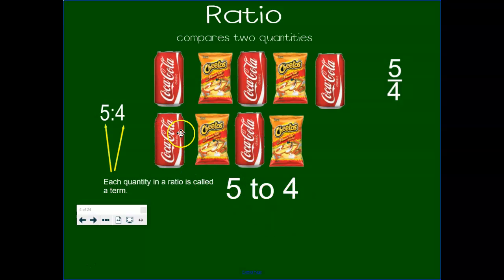And so because Coke is first, 5 is first, and Cheetos is the second term, so 4 is the second number. Now each quantity in a ratio is called a term. So 5 is a term and 4 is a term. And you also remember that you can write a ratio in 3 ways. So the first way is to write a ratio with a colon. You can also write a ratio with the word to, and you can write a ratio as a fraction.